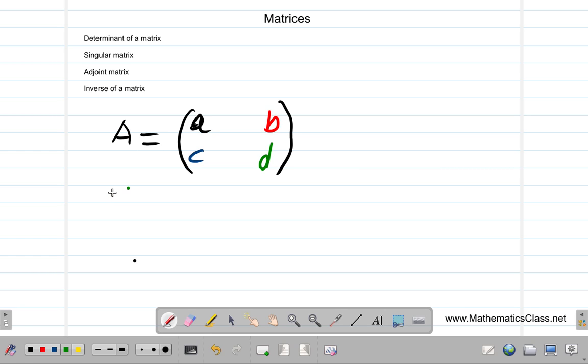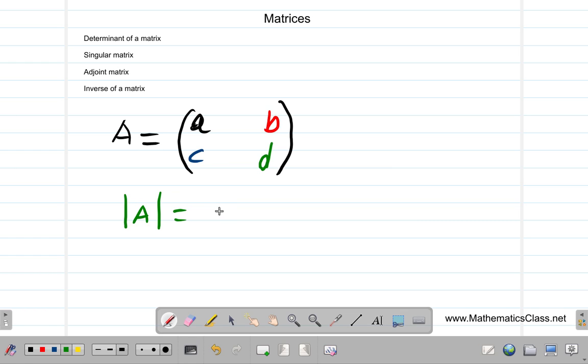You can say the determinant of A equals so and so. You don't have to write it out like this. You could put DET A equals.